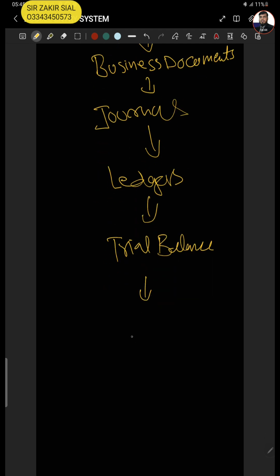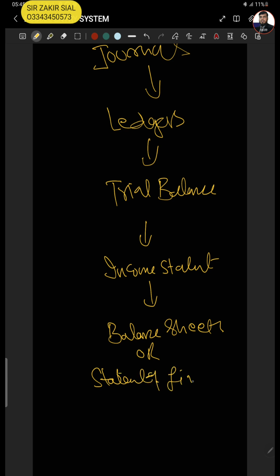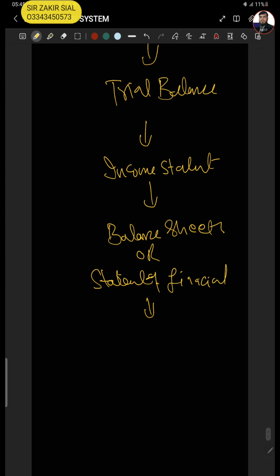And from the trial balance, companies prepare income statements. Through income statements, they prepare the balance sheet. The latest name of the balance sheet is statement of financial position. You all are not familiar with these terms. We will be discussing later in detail, and also they prepare cash flow statements.